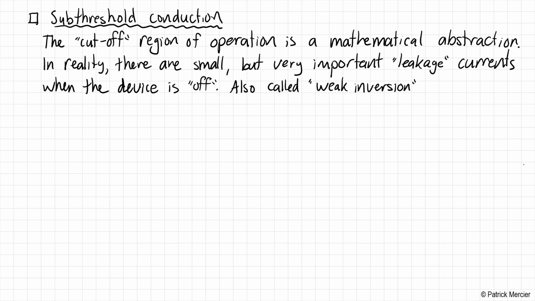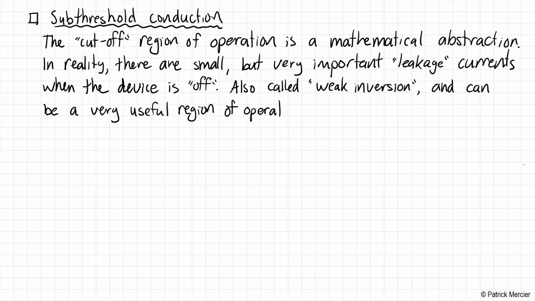But perhaps there is a little bit of a channel still there, or maybe it's weakly inverted, so this is also sometimes known as weak inversion, and can actually be a very useful region of operation, particularly if we're interested in very low power design. For low power designs. And this is true for both analog and digital circuits.